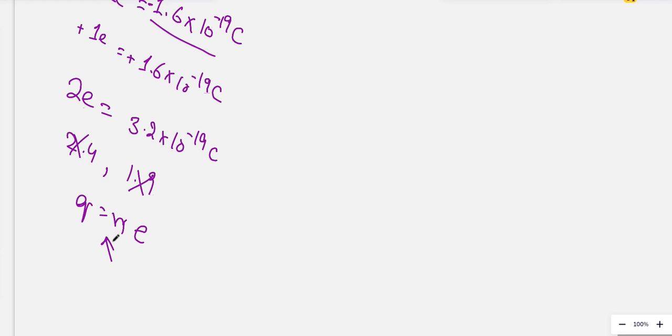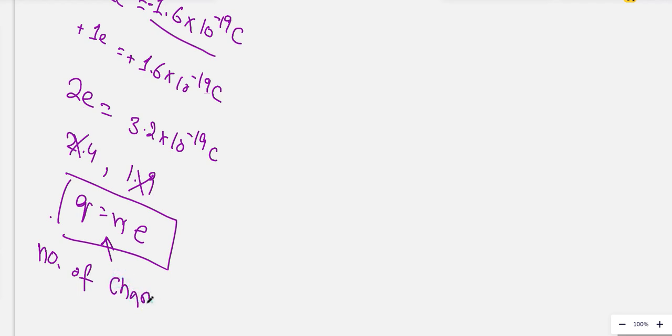This relates to quantization, and this is called quantization of charge. That charge is quantized, it increases by a certain value. So its formula is Q is equal to Ne, and N means the number of charged particles.